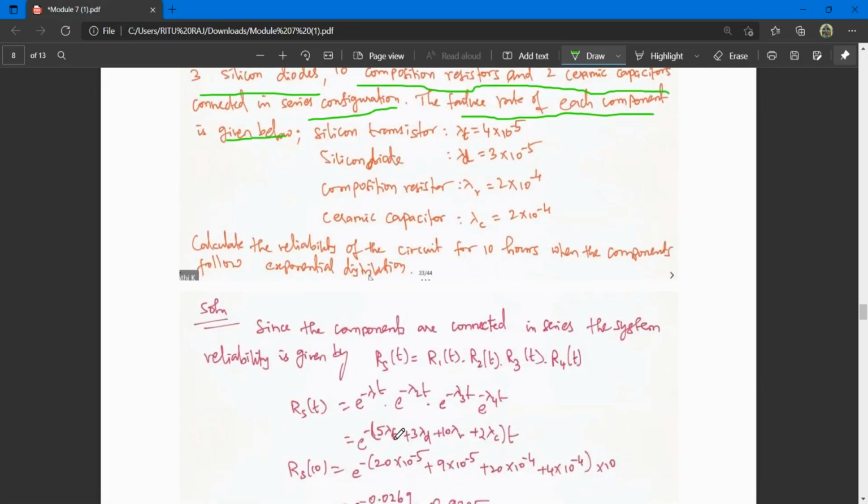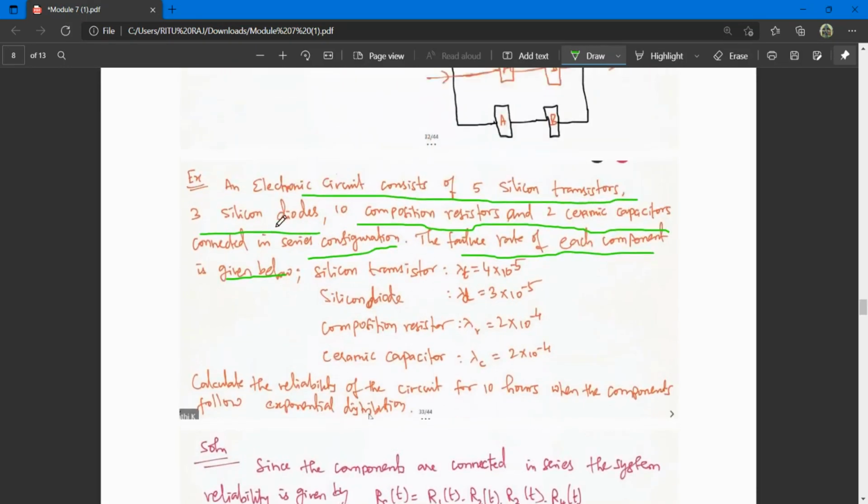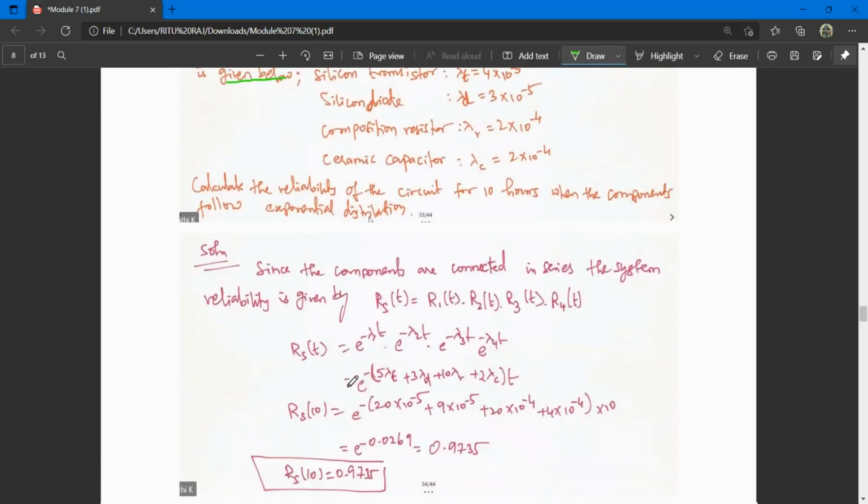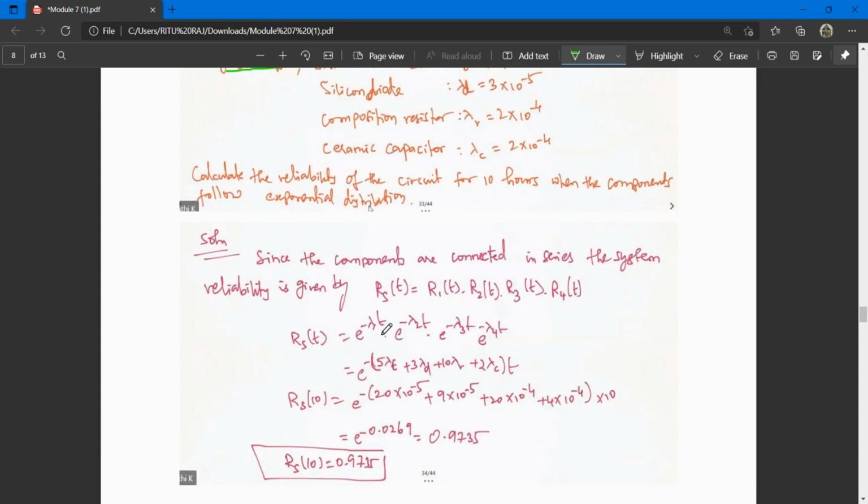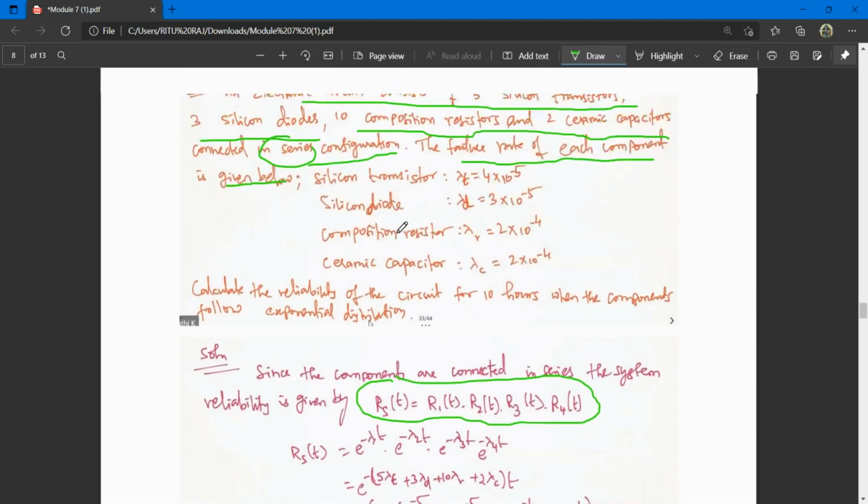In exponential distribution, these are connected in series. So RS, series, would be R1 into R2 into R3 into R4, because there are four components.